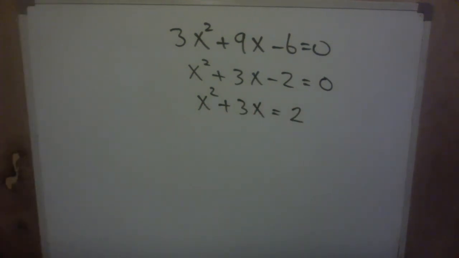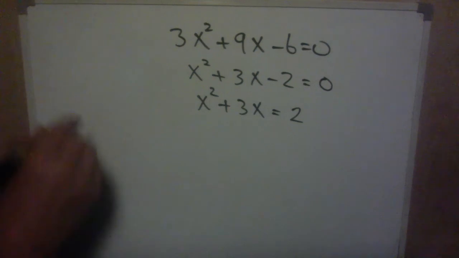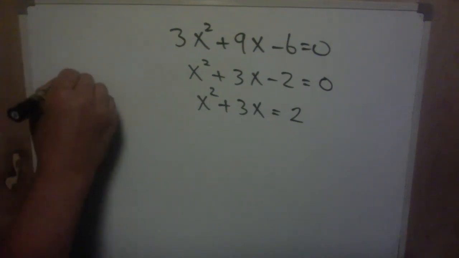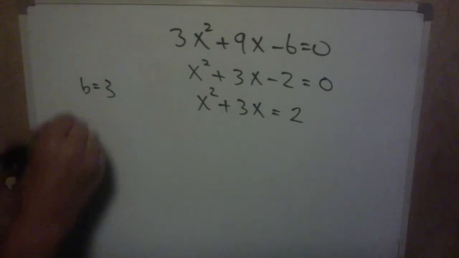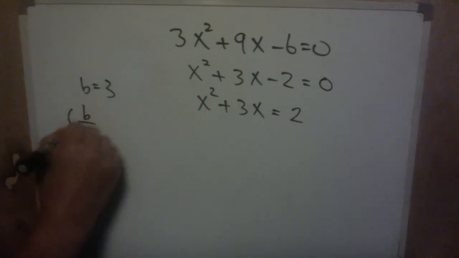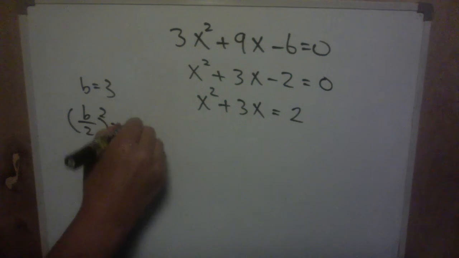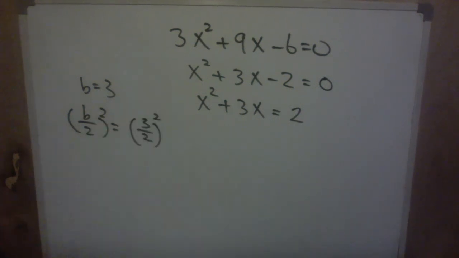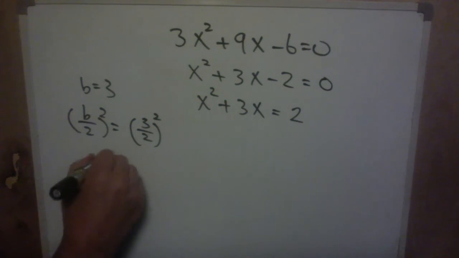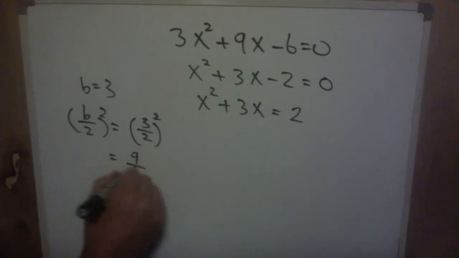Now that the equation is in the right form, let's add b over 2 squared to both sides. Here we have b equals 3. So b over 2 squared is 3 halves quantity squared. So this is really 9/4.